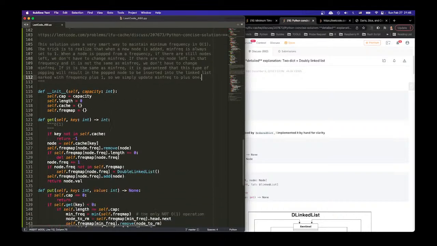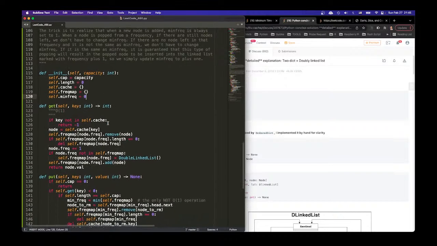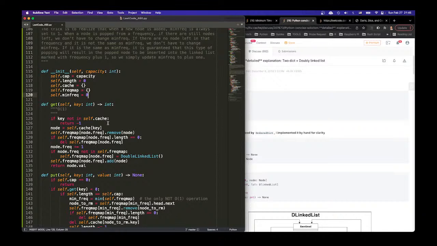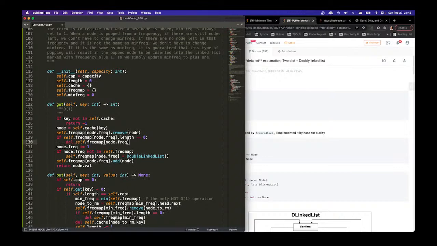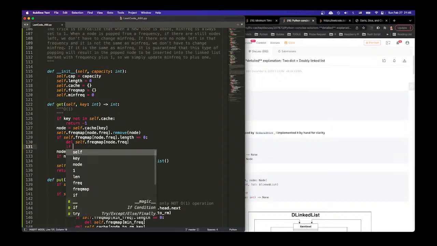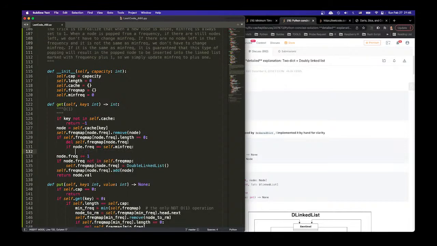So basically we're going to do self.frequency, min frequency, right, equal to 0. So I say if equal to 0, then I'm going to pop. Now here is the thing. If it is 0, we pop, and we say if node.frequency, that's the one to pop, is equal to self.min_frequency, then self.min_frequency plus 1.